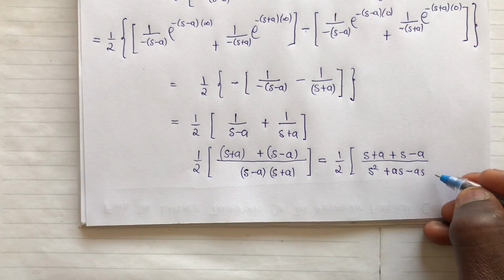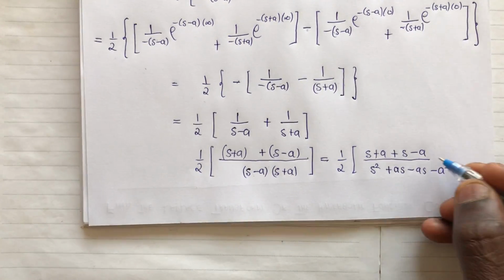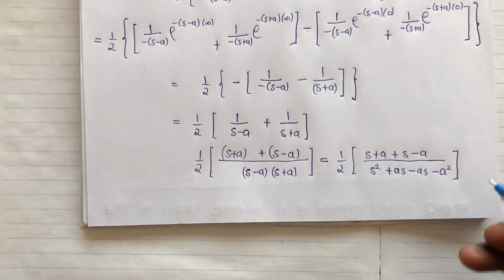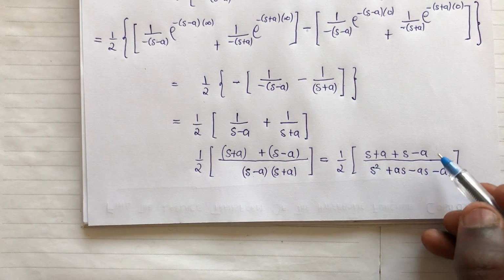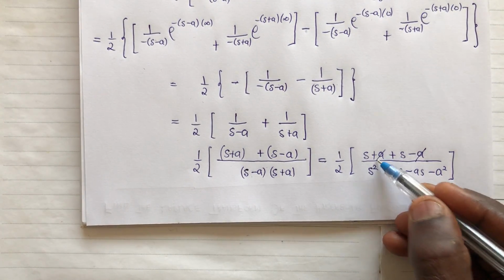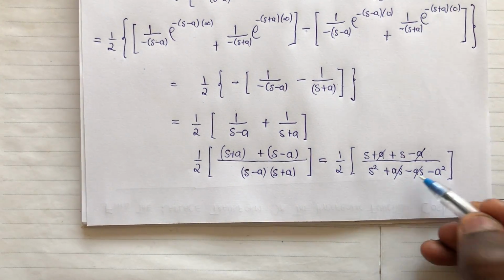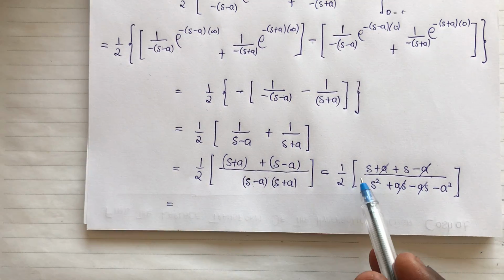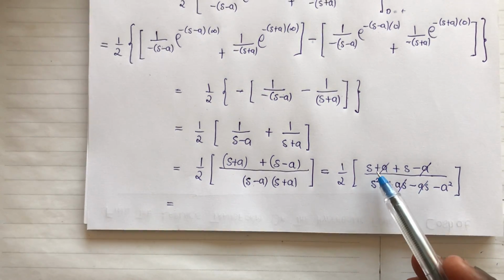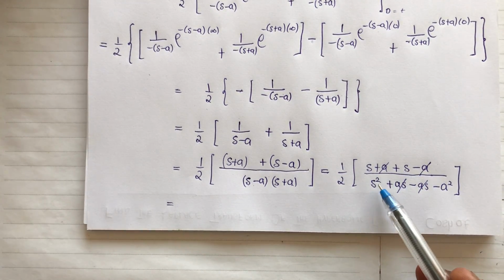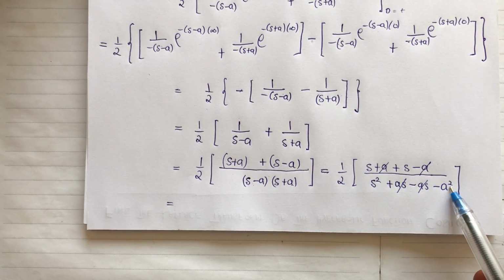Then this times this we have minus a square. Okay, so this is what we have. Now we know that this a will now cancel this one because it's negative and positive. This will also cancel this. Okay, so we are left with s square minus a square.